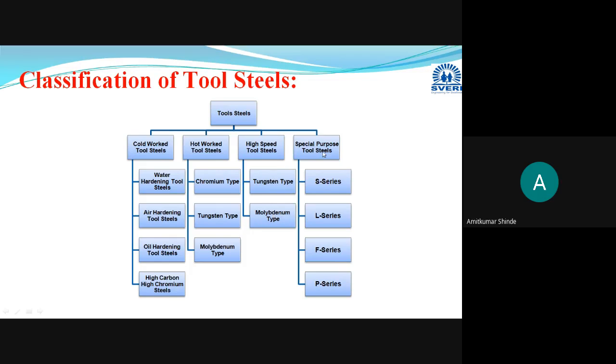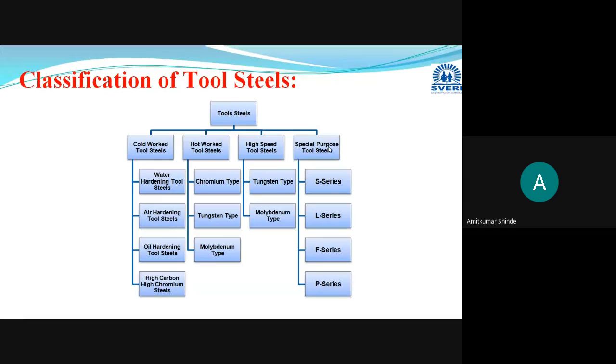Now the last classification, that is special purpose tool steel classification in S series, then L series, F series, and P series. Now, this S series stands for shock resisting tool steels. Depending on their particular application, this will be categorized as S series.